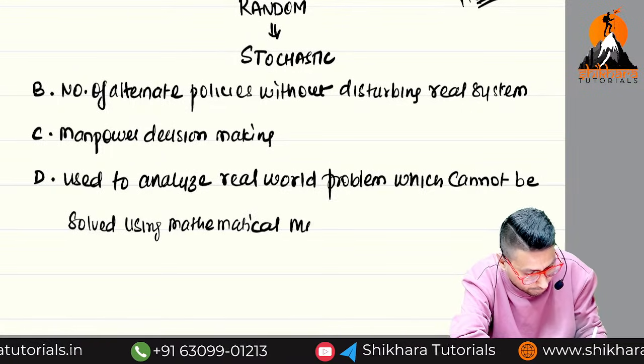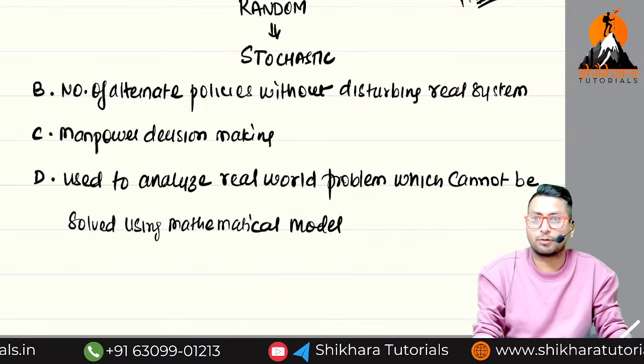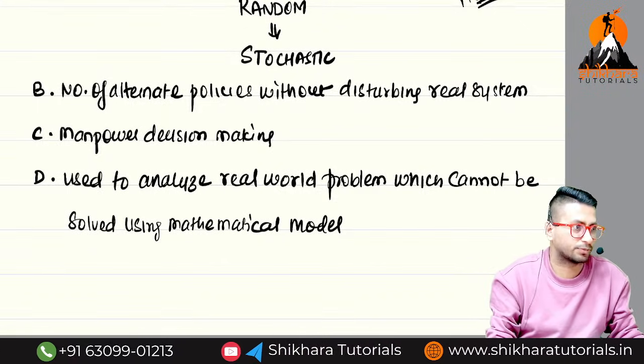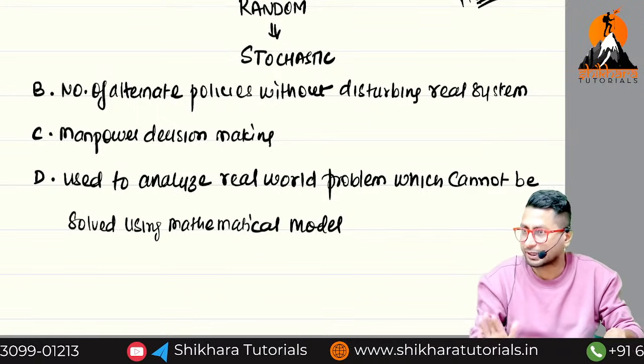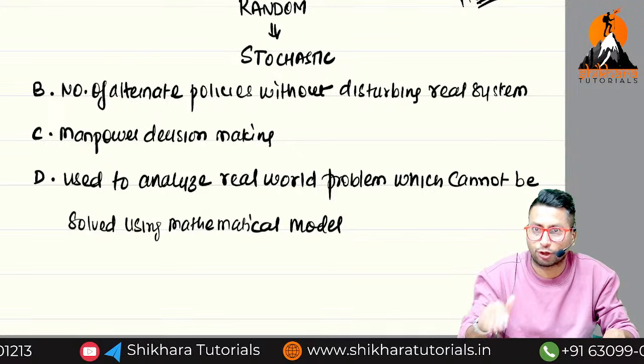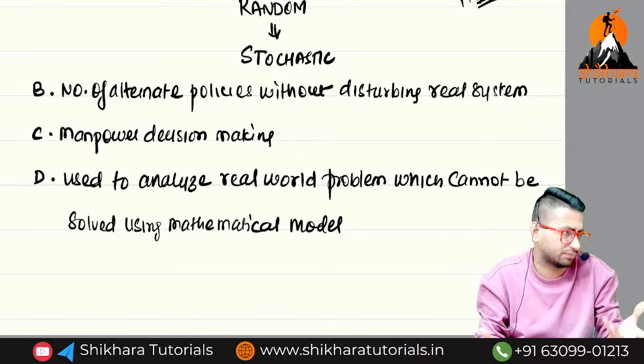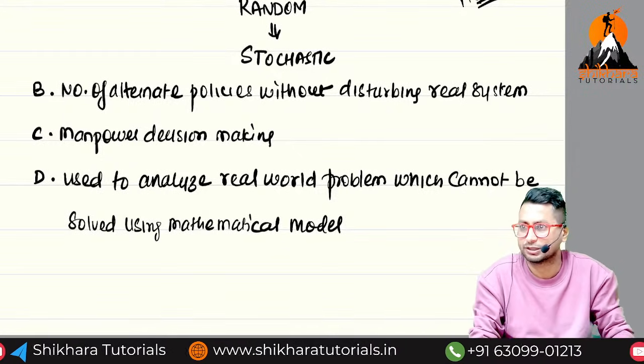See, a mathematical model will be there, a simulation model will also be there. Whatever decisions I can take with mathematical models, I will take. But those decisions which cannot be made with mathematical models, I will use simulation.